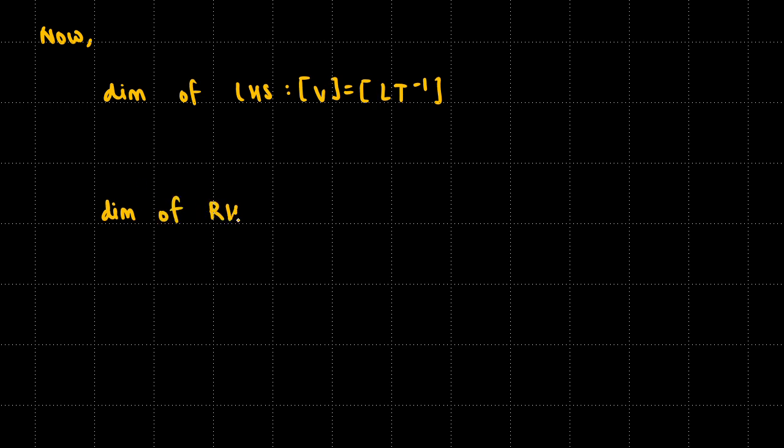So the dimension of RHS was R2GM. There is a square root over it and a bracket. Not the greatest bracket, but works. Okay, so it will be radius is L. 2, there is no dimension of 2.